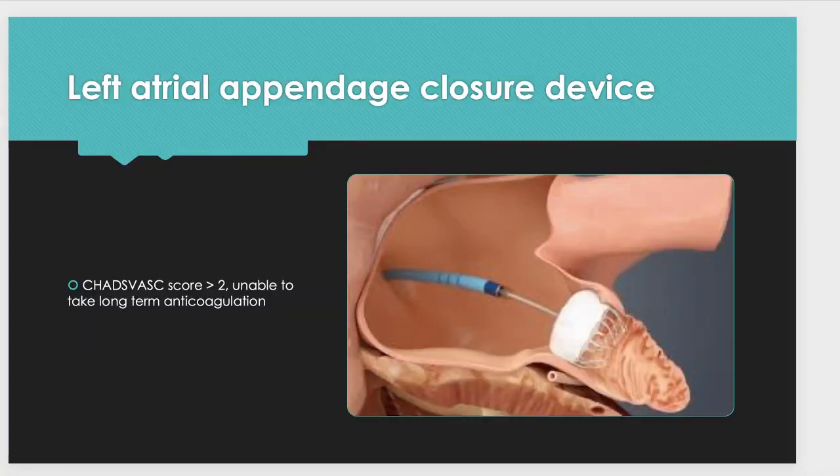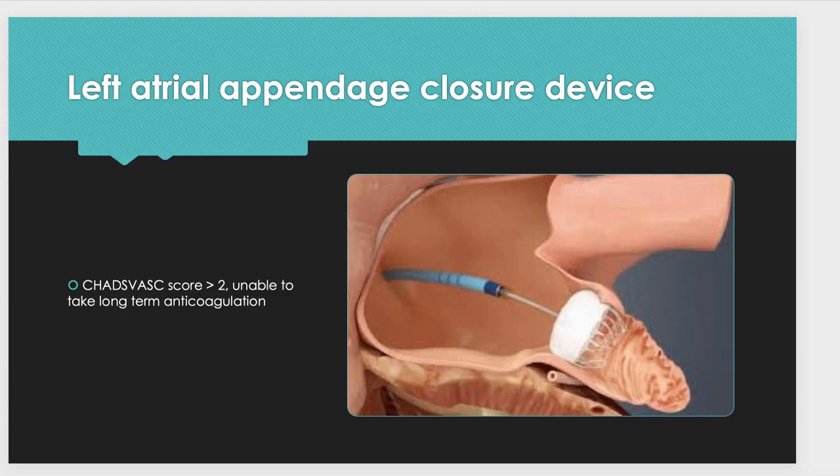There are times that patients with atrial fibrillation are not able to take long-term anticoagulants. There's a new procedure that we now have called the left atrial appendage closure. This is called the Watchman device.